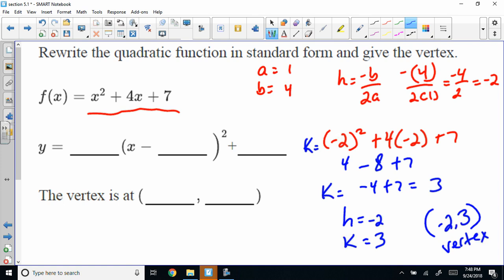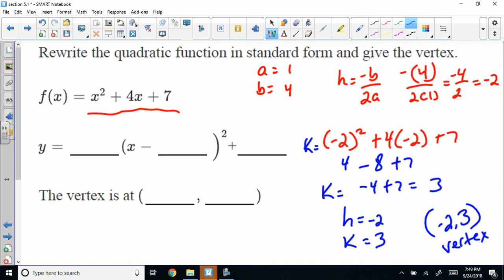And I'm glad that they used h and k rather than x and y, or else they'd have to do an x1 and y1, because it's easier when you're given an h and k, whether it's a parabola or a circle, and you're using a point on the circle itself or a point on the parabola. It's a little bit easier to know where it goes. So a little less confusing, right?